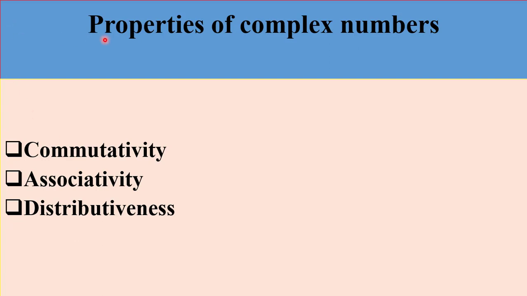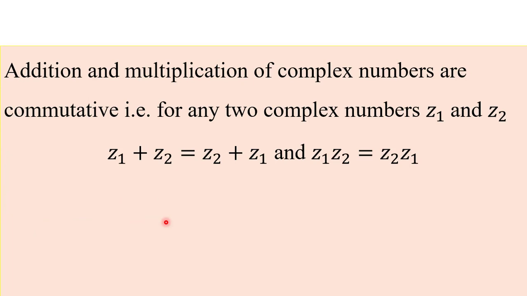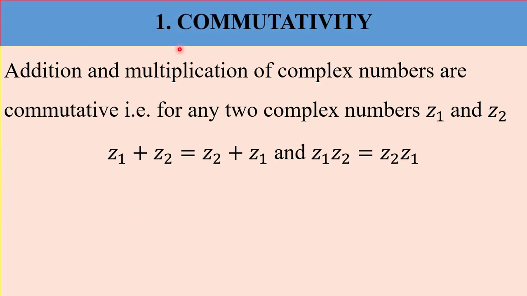Then the next is properties of complex numbers, and they are mainly 3, that is commutative, associativity, and distributiveness. So let's begin with commutativity. Addition and multiplication of complex numbers are commutative.